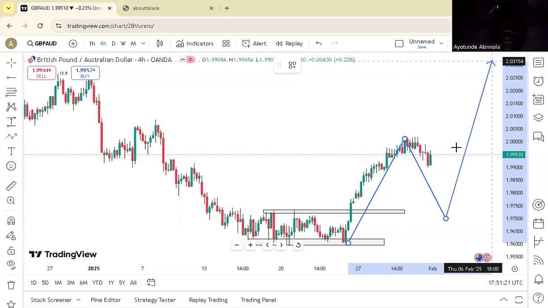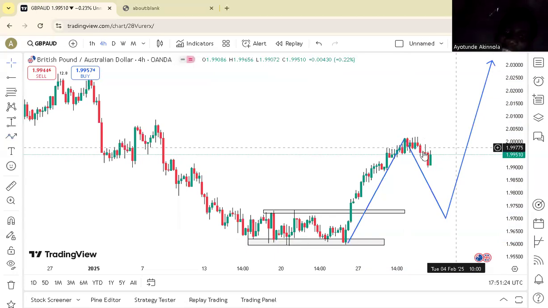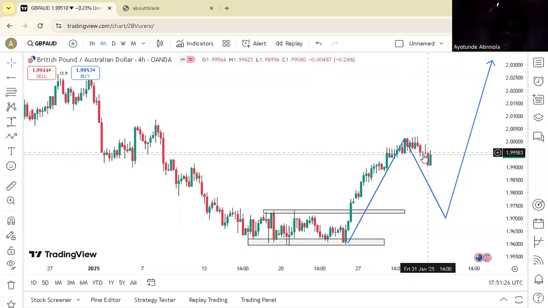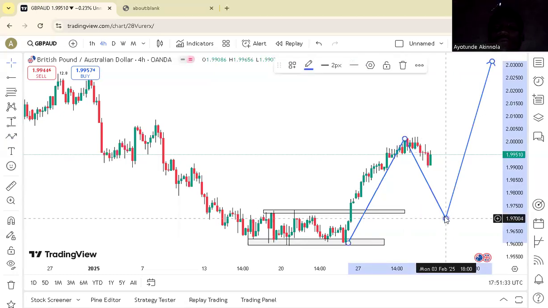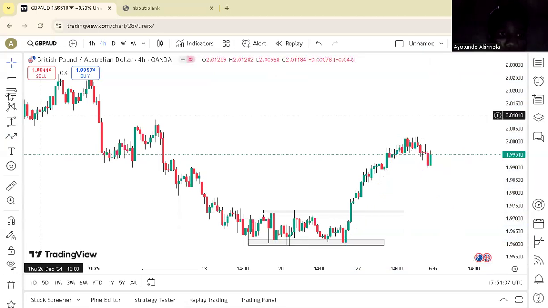So meaning that GA is at this point here, I'll be looking to short GA minimum into this area. So let's use Fibo to judge what I'm saying.